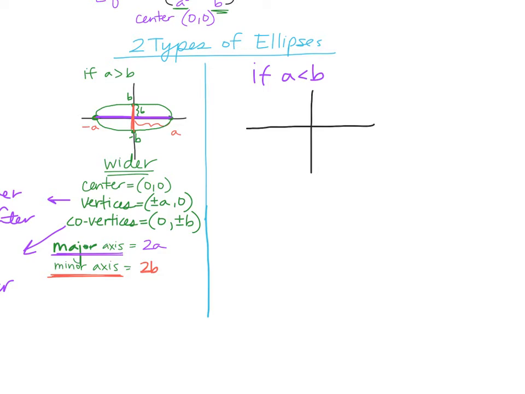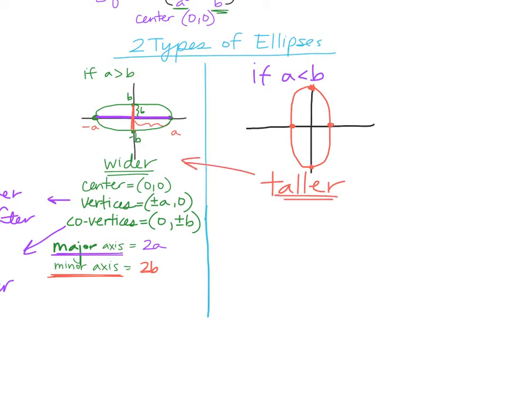Now our A is going to be our shorter distance. So let's say we go negative A, positive A, and then our B goes further. Notice what happens here if we draw our ellipse. Now it's taller, whereas this other one was wider, right?